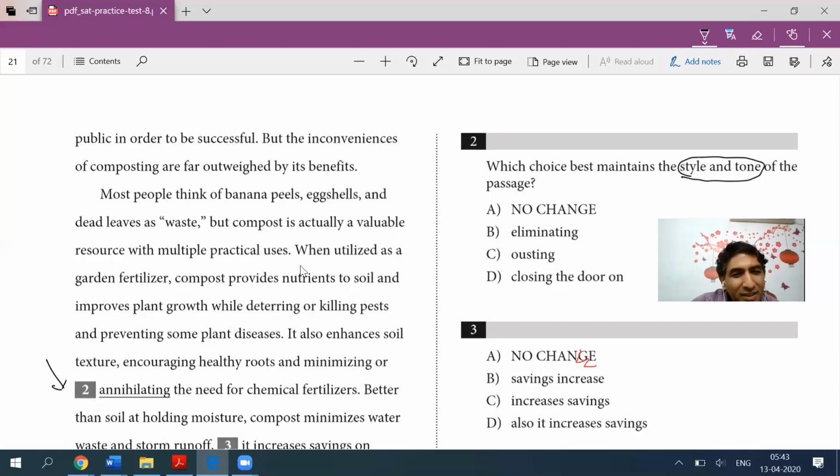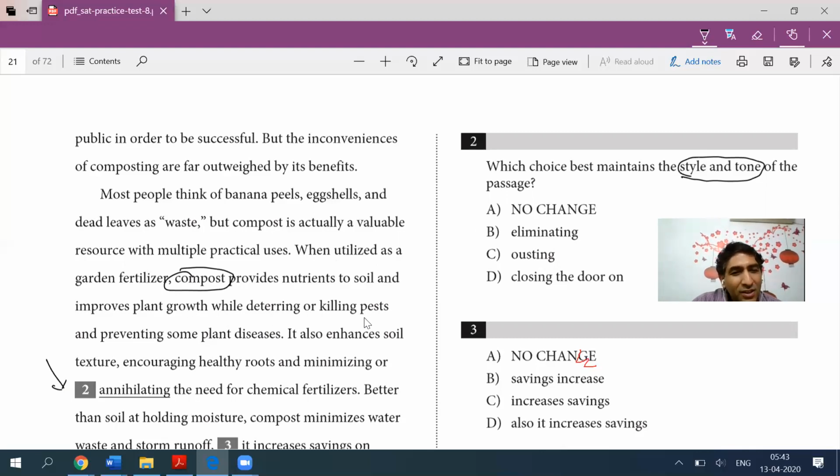So let me expand my window of reference a little bit to answer this. When utilized as a garden fertilizer, compost provides nutrients to soil and improves plant growth while deterring or killing pests. Okay, so the advantages of compost are being said and they are all in present tense.